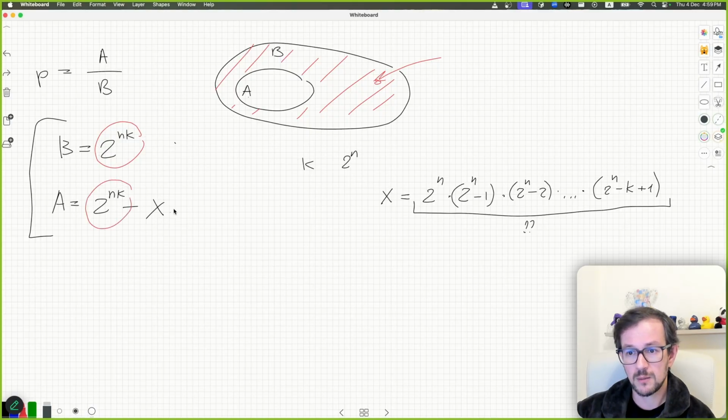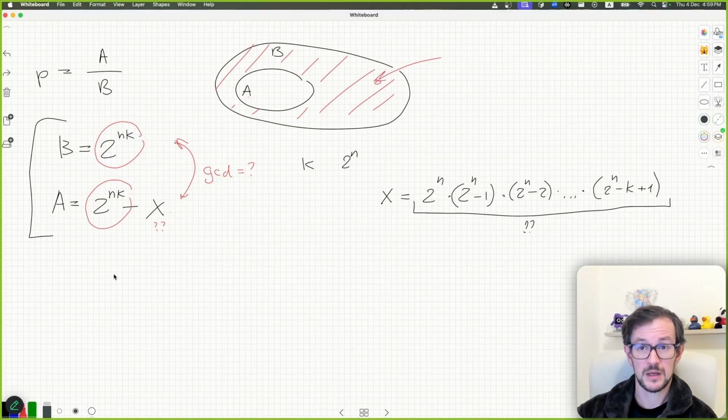How to count this number is complicated. Another complication, it's actually more fun. Second complication, we need to find the irreducible fraction. To find the irreducible fraction, we actually need to find the greatest common divisor of these numbers. That's more fun.